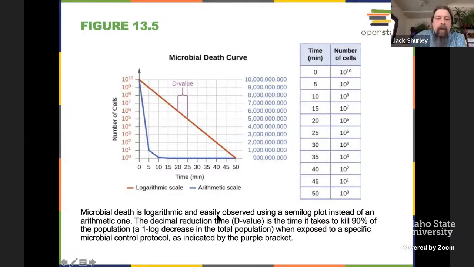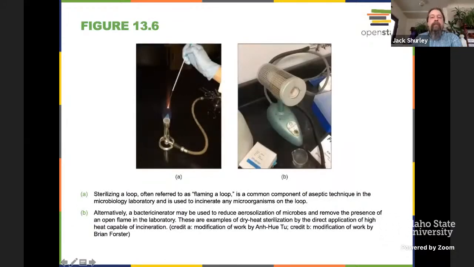So the decimal reduction time is the time it takes to kill off 90% of that population. So for whatever that is, that's what we're looking at right within here, this D value. How long does it take? And you don't need to really get bogged down with that stuff in the first place. Just recognize it is logarithmic, it's exponential when we think about that.